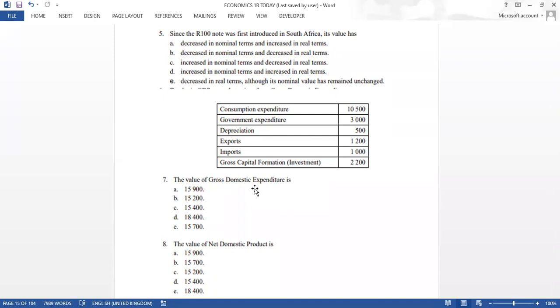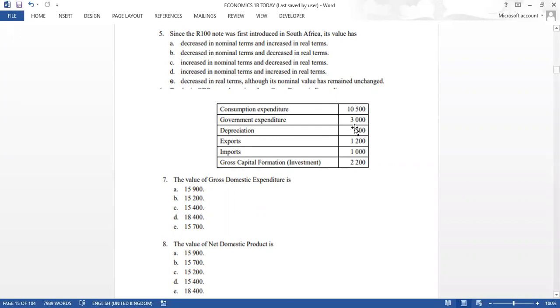So we are looking at consumption expenditure by households plus investment expenditure by firms plus government expenditure. So basically we're looking at these three elements, the first two and the last one, and we're excluding the rest of them because they're not part of gross domestic expenditure.